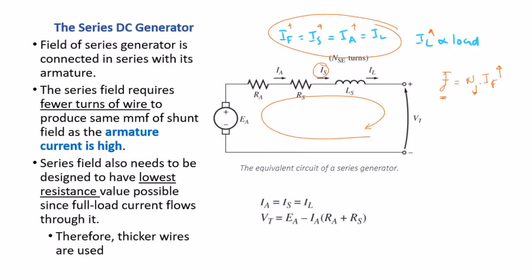Okay, now the next statement says that the series field also needs to be designed to have the lowest resistance value possible, since full load current flows through it.